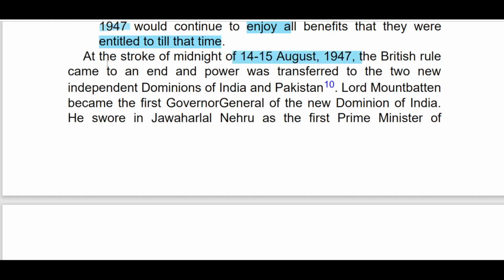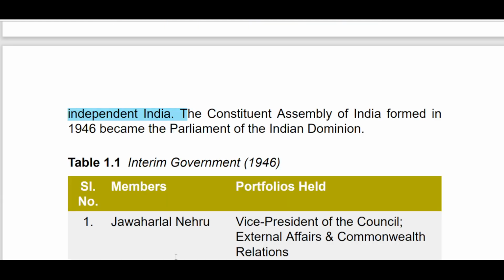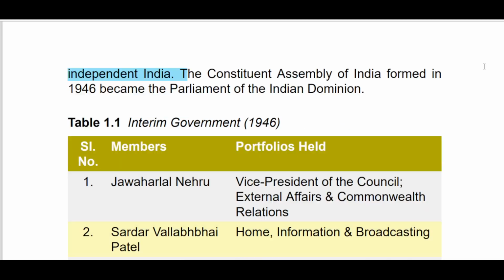At the stroke of midnight of 15th August 1947, the British rule came to an end and power was transferred to the two new independent dominions of India and Pakistan. It was Lord Mountbatten who became the first Governor General of the new Dominion of India. He swore in Jawaharlal Nehru as the first Prime Minister of independent India.